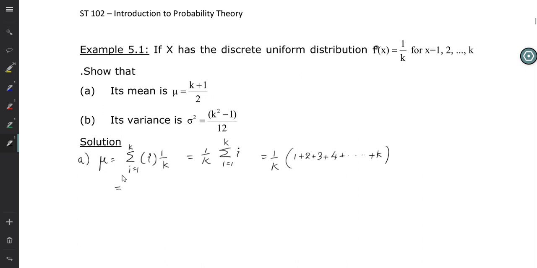And we see that this is the sum of the first k integers, right? And we know there is an equation for that. That will be n times (1 plus n) divided by 2. So this is the sum of the first n integers, and in front of it we have 1 over k.